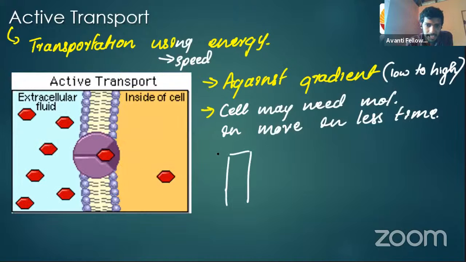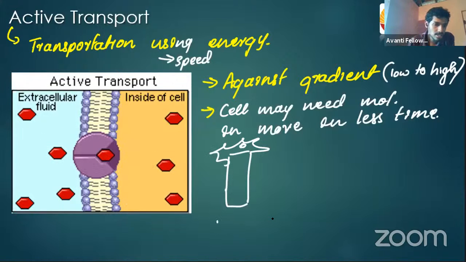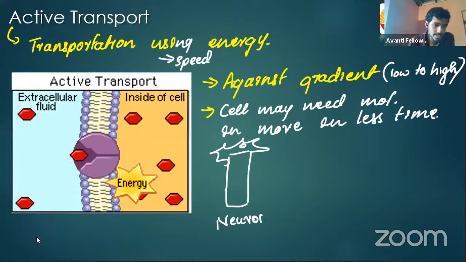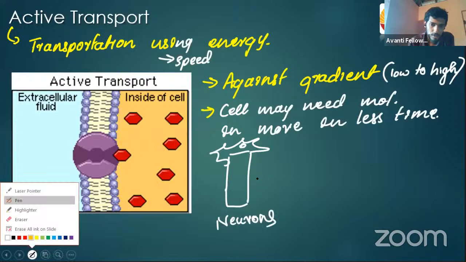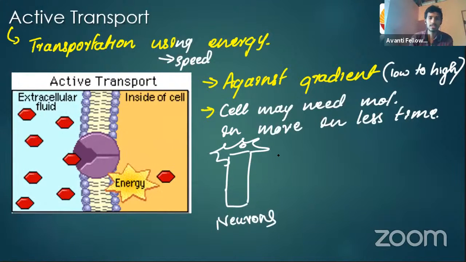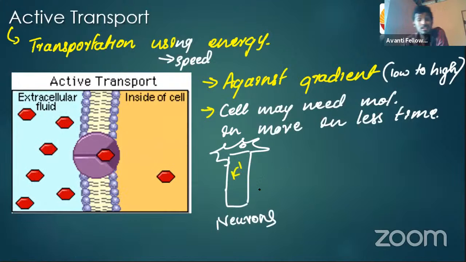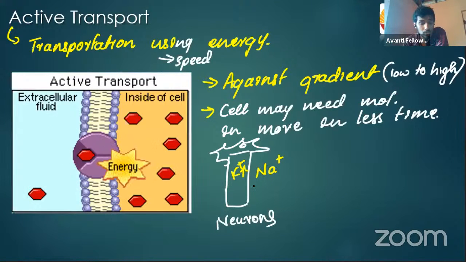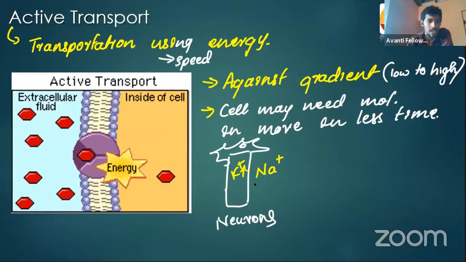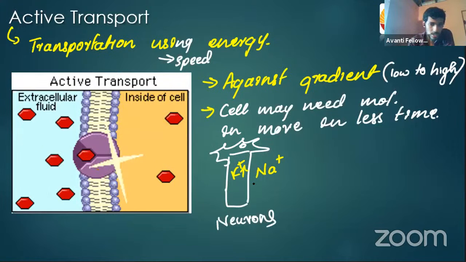We'll simply write it this way. In neurons, in a regular state, the potassium ion will be increased inside and the sodium ion will be increased outside. So how is this concentration maintained? Through the active transportation process.